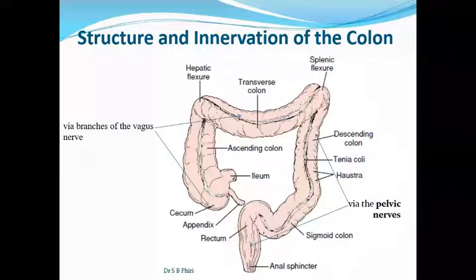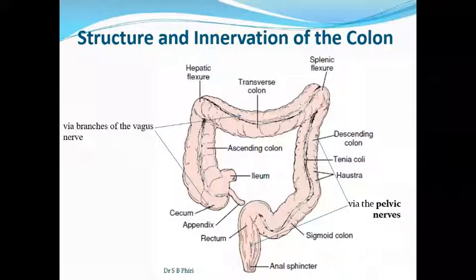Then I also told you that you have the sacral nerves, which are part of the parasympathetics that innervate the distal part of the large intestine. So the distal part is the descending colon, the sigmoid colon, the rectum, and the anus. All these structures are heavily innervated by the pelvic nerves.